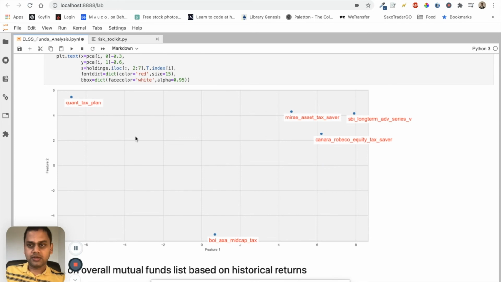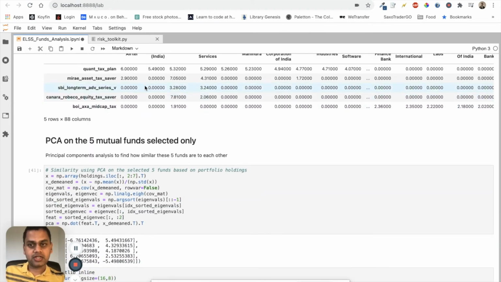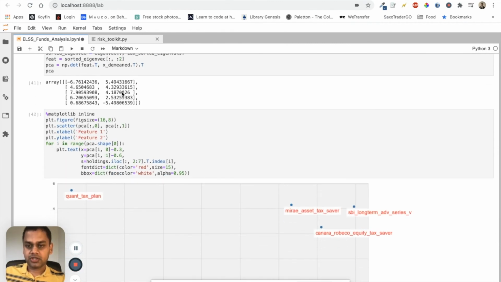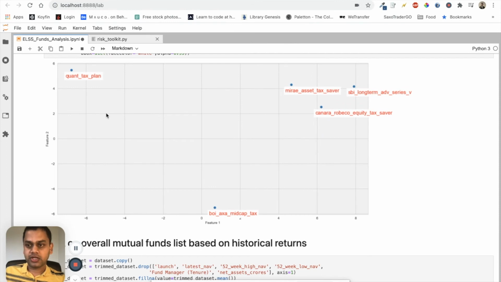Just remember what it has done: it has reduced the 88-feature matrix into a 2-feature matrix, and plotted it in 2 dimensions. These features, feature 1 and feature 2, don't necessarily have a meaning, because they're compressed features of those 88, but data points that are close by are similar to each other. That's the interpretation.